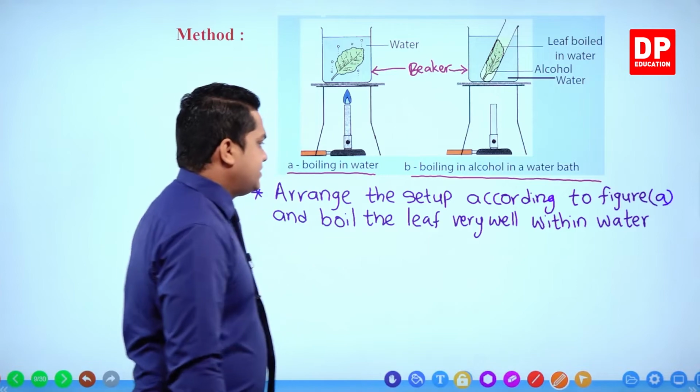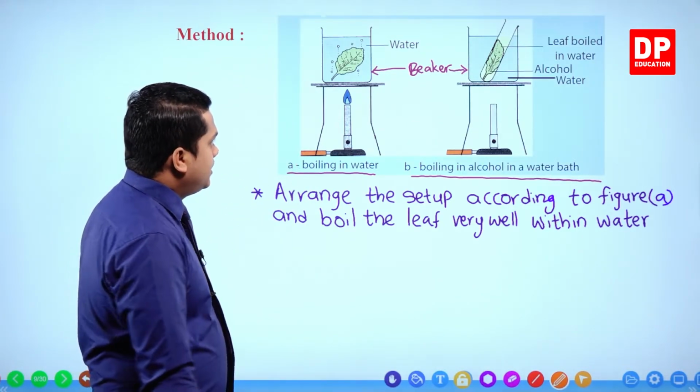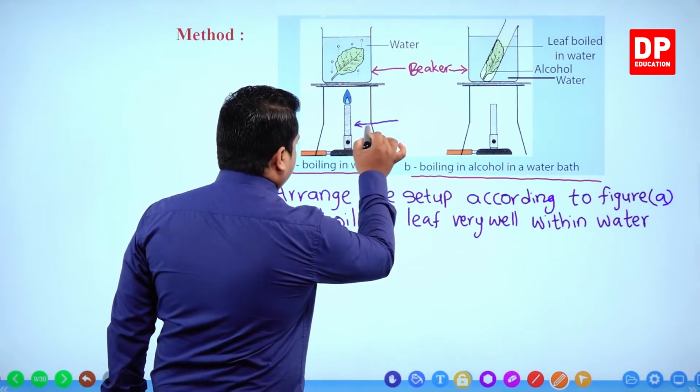Right? So this is the first step. You have to arrange the setup according to the first figure. Now this is the Bunsen burner.